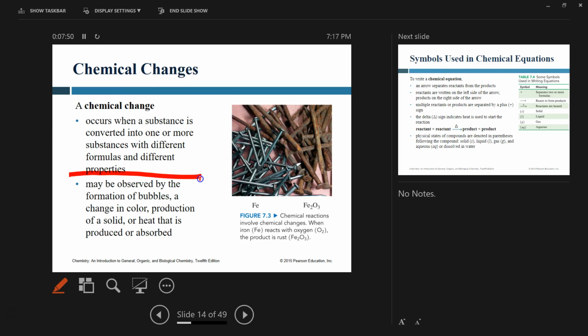So, I really like this statement. Reaction may be observed by the formation of bubbles, change in color, production of a solid, or heat that is produced or absorbed. Anyone is going into medical lab technology in the future? Smart choice. But if you would, there's a saying about all biochemistry and molecular biology.